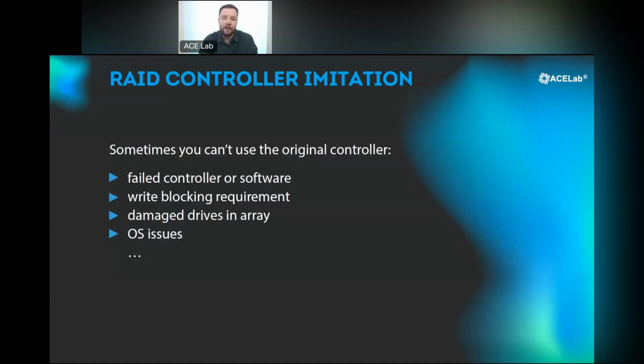Or if we talk about forensic investigation, you are not able to use the drives in this controller because you have a requirement to prevent any writes to these drives. So you have to use something else to imitate the work of a RAID controller without the controller.